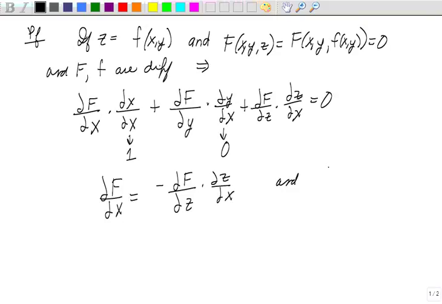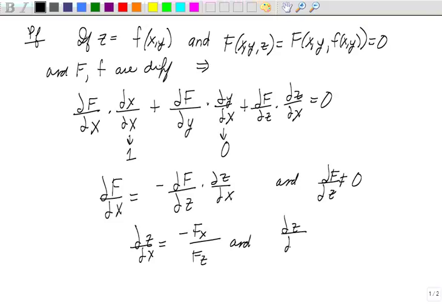And if df/dz is not 0, then the partial of z with respect to x is negative fx over fz, and the partial of z with respect to y, we can do the same thing, is negative fy over fz.